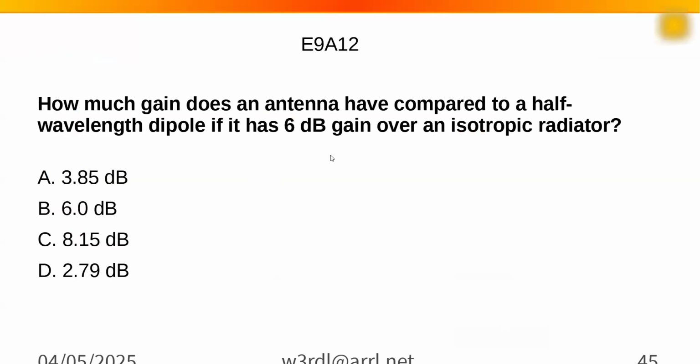So how much gain does an antenna have compared to a half wavelength dipole if it has 6 dB gain over an isotropic radiator?